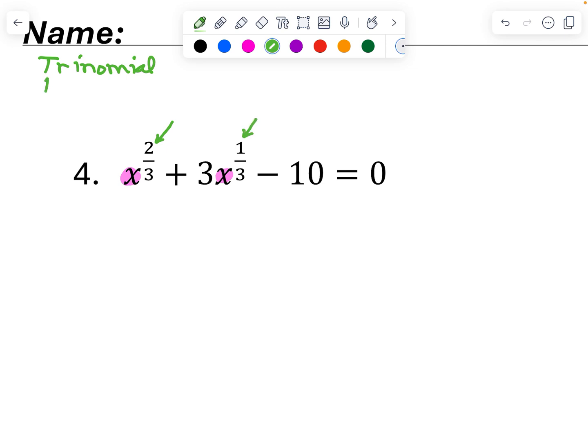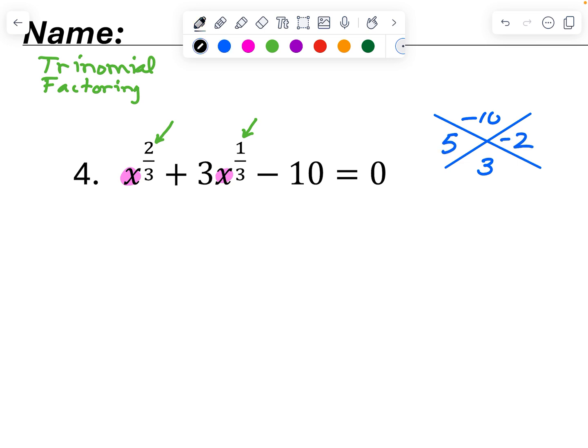So in our mind, we think of factoring. And so then we think to ourselves, is there any factor of -10 that adds to 3? And the answer to that is yes, 5 and -2.